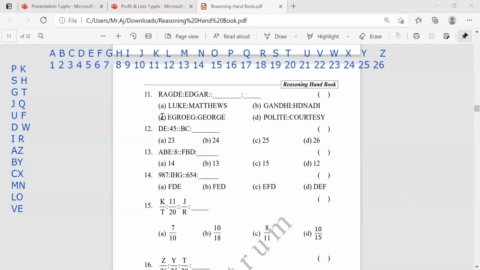See, R, A, G, D, E. Here also we are finding the same letters. See here, R, A, G, D, E. Here also E, D, G, A, R. We solve these types of problems in coding and decoding. Do you remember this? So here, even the same numbers, same letters we have to find out.